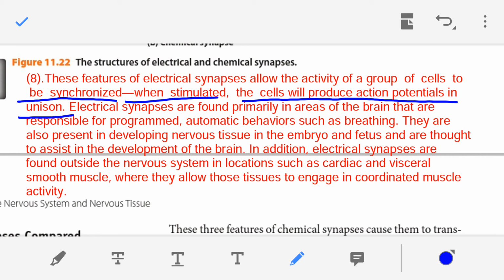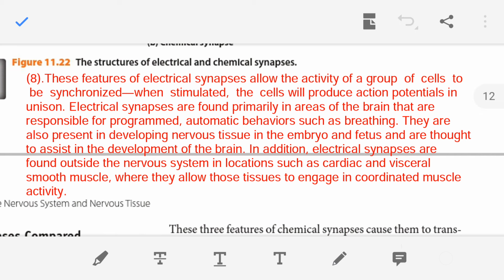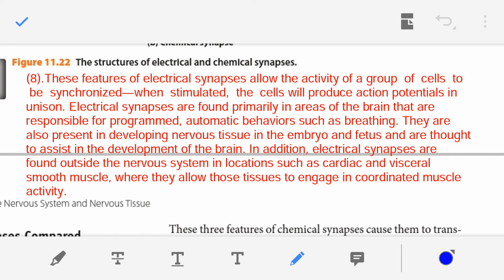The meaning of this point is that many neurons are connected by electrical synapses, and all these neurons propagate nerve impulses very speedily, very fast. So the neurons in which electrical synapses are present generally work together, and they propagate nerve impulses very fast.